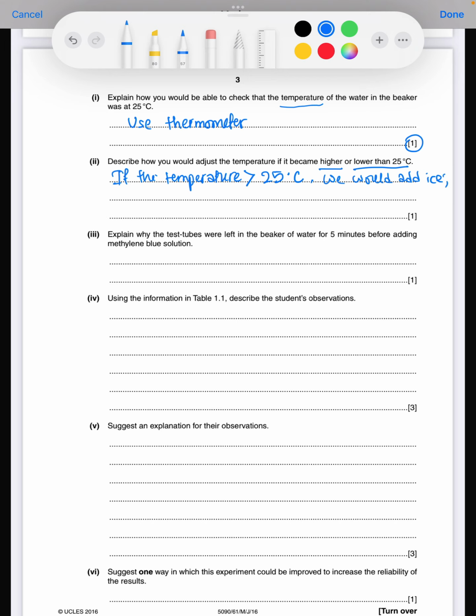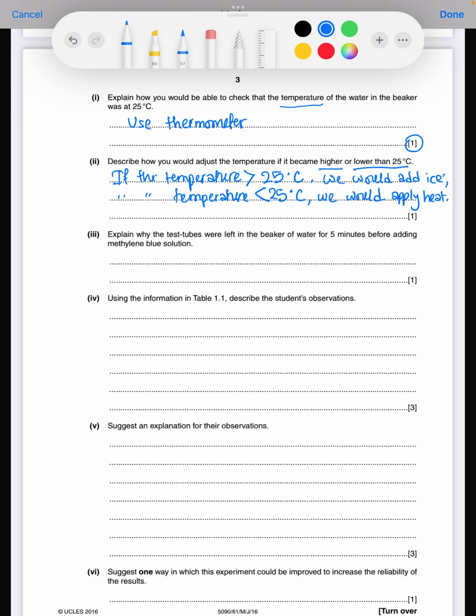And then if the temperature is lower than 25 degrees Celsius, we would apply heat because we want it to be at 25 degrees Celsius. Okay, that's it.